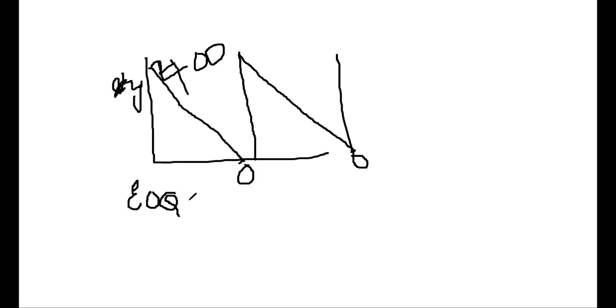EOQ is equal to the root of 2AB by C. Have phone calculators in front of you. Using just this simple formula, will I get the solution so easily? That is the importance of the technique here.